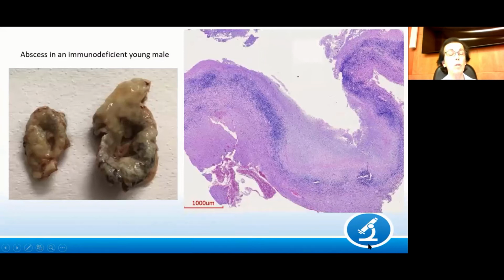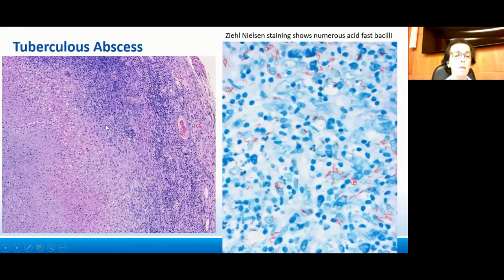The other form, which occurs only when the patient is immunodeficient, is shown in a surgical specimen we had last year. We see this exudate, which looks like pus. But when we saw histology, there were some neutrophils, but the appearance was mainly a caseous necrosis. The inflammation, which is here, does not form granulomas. It was rich in mononuclear cells, but no granulomas. Looking closer, we see the necrosis at the center on the left.